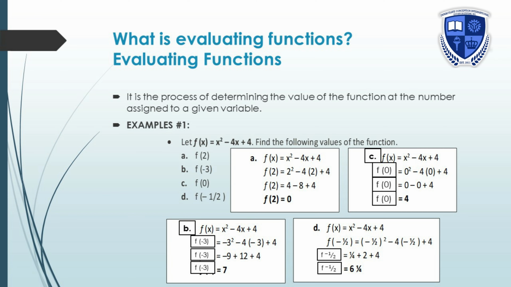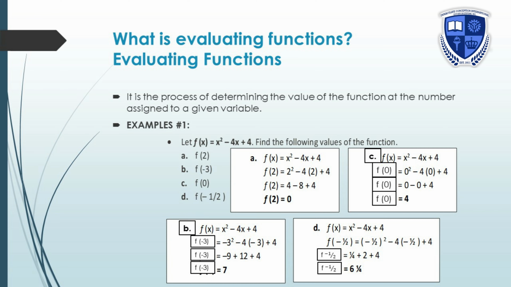Now, 2 squared is equal to 4. Minus 4 times 2 is equal to 8. Then plus 4, bring down. 4 minus 8 plus 4 is equal to 0. So, ibig sabihin class, ang value ng ating letter A ay 0.